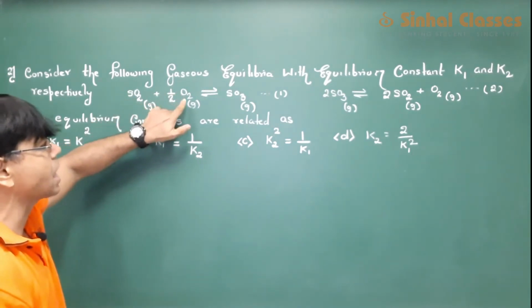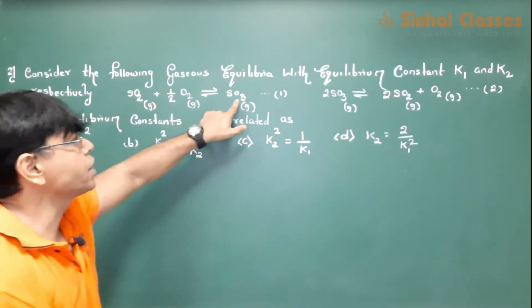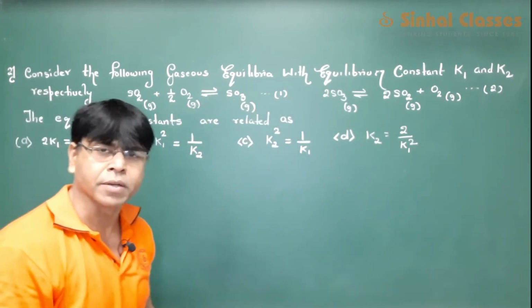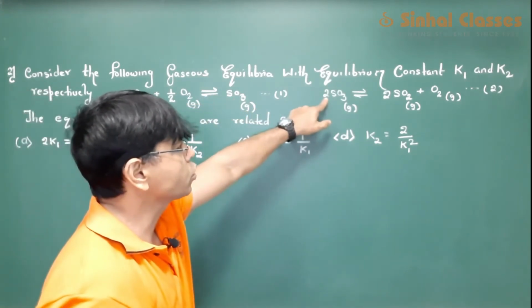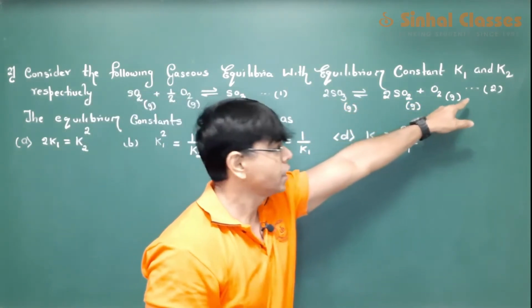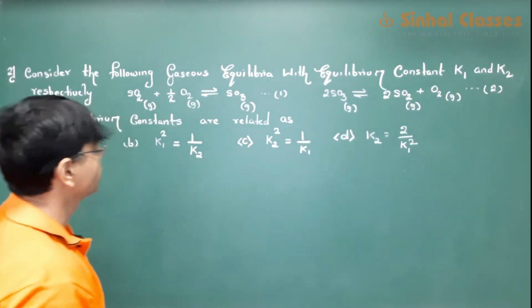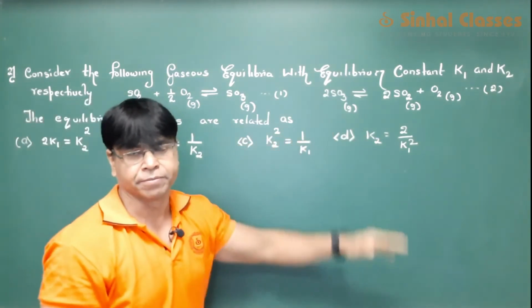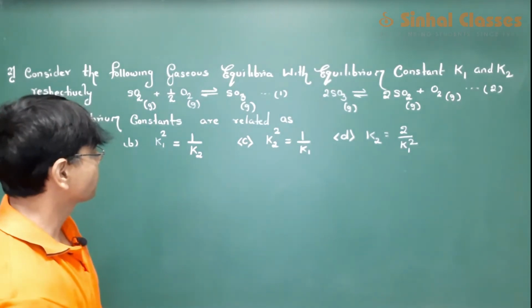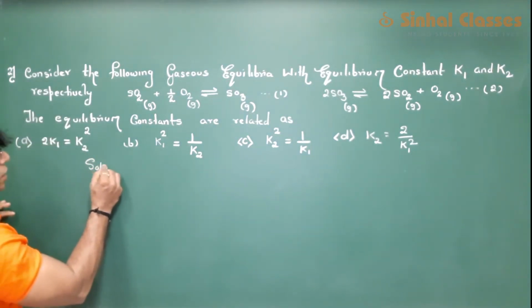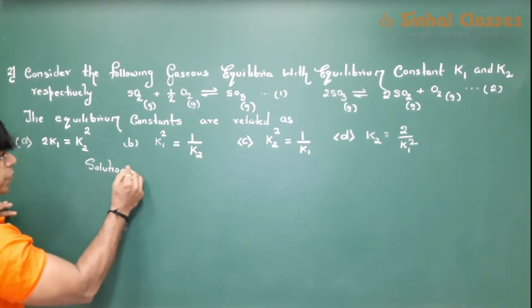SO2 gas plus half O2 gas giving us SO3 gas, this is equation number 1. 2SO3 having equilibrium with 2SO2 plus O2 gas, equation number 2. How are the equilibrium constants related? Now it's a very interesting question. Let's see the solution part of it.